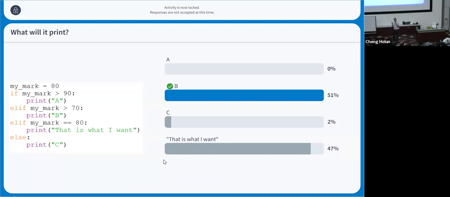The conditions are tested one by one from top to bottom. So it's sequential. You first try whether mark is larger than 90, which is false. Then the next thing we try is whether mark is larger than 70, which is true. And when we execute it, print B, I finish the decision.